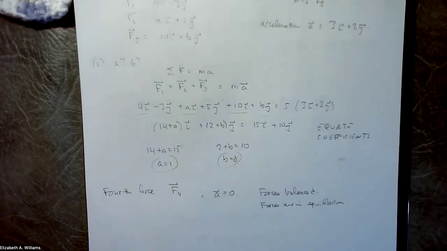Okay. You only get an acceleration when there is a force applied. If something is accelerating, then there is a force acting on that object. If you have no forces acting on it, or if the forces are balanced, so they cancel each other out, then you don't have any acceleration.